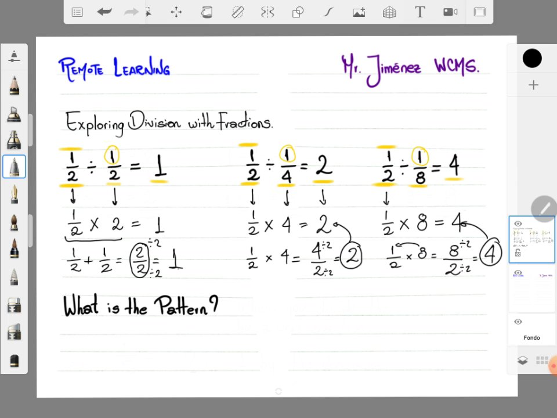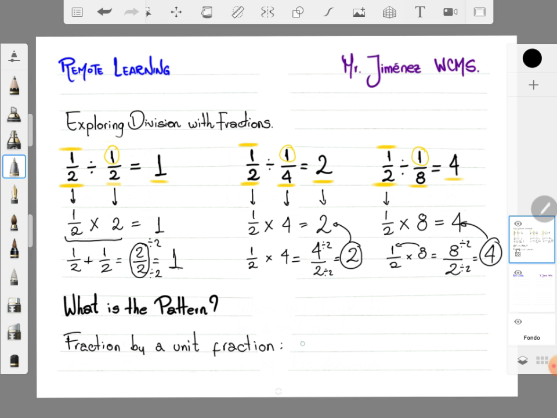So when you want to divide a fraction by a unit fraction, remember the unit fractions are fractions with 1 in the numerator. A fraction by a unit fraction, it's simple.